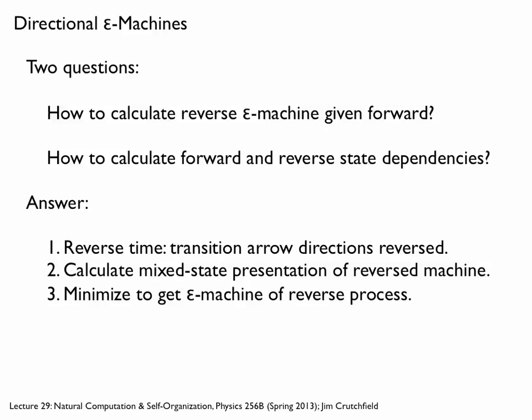But that can be non-unifilar, so then we use the mixed state operator to calculate the mixed state presentation of the normalized reverse machine. And then, like I was emphasizing before, the mixed states may not be the causal states, so we have to minimize sometimes.